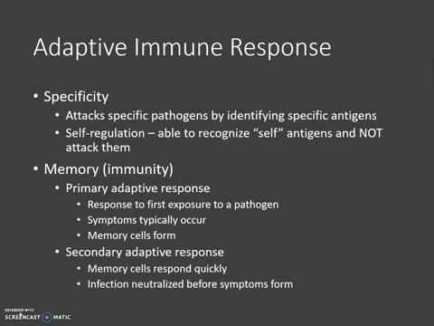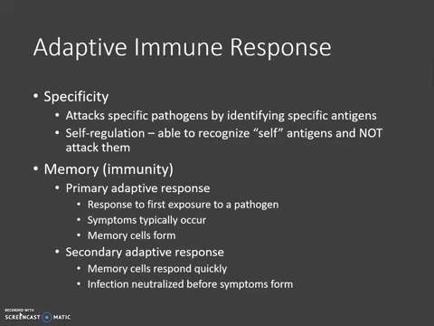But after the cells are made to specifically recognize that pathogen, some of those cells turn into memory cells. Then the second time you encounter that same pathogen, the memory cells are able to respond more quickly than the primary adaptive response. In doing so, your body typically fights off the pathogen before you ever develop symptoms.